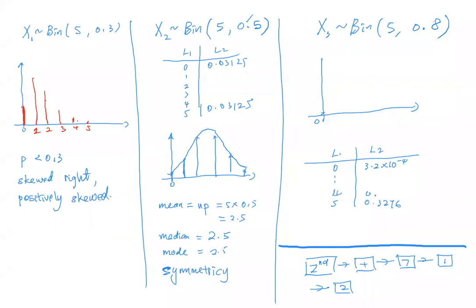When it's 4, it is 0.4096. So 1, 2, 3, 4, 5. So the graph goes like that.